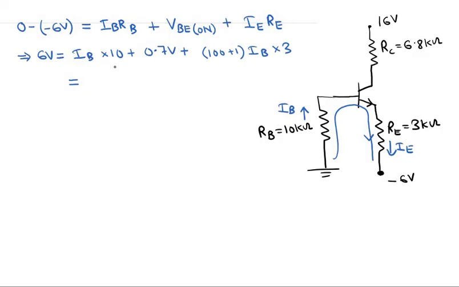This gives me 6 volts minus 0.7 volts equal to 10 IB plus 303 IB.